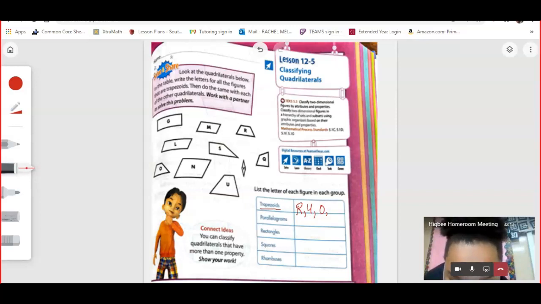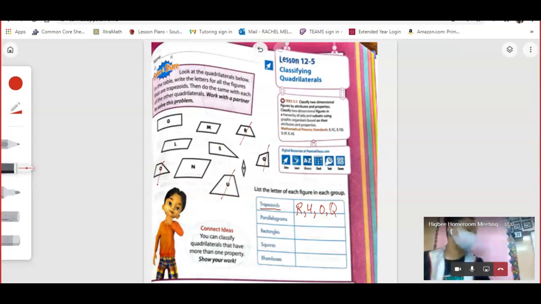So there's actually two more then. Okay, I'm going to mark these off. R, U, O. And she just said Q. That's correct. So there is one more. Okay, Isaac, can you tell me what the other one is? Which letter is it?